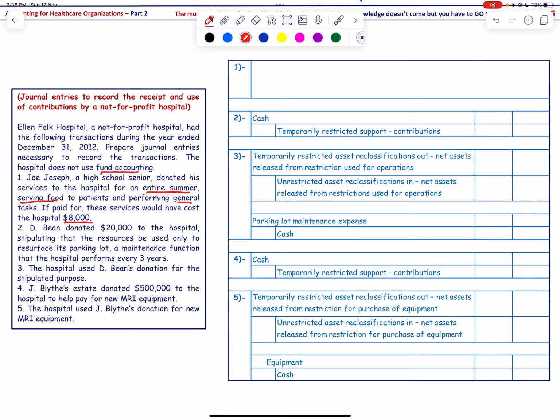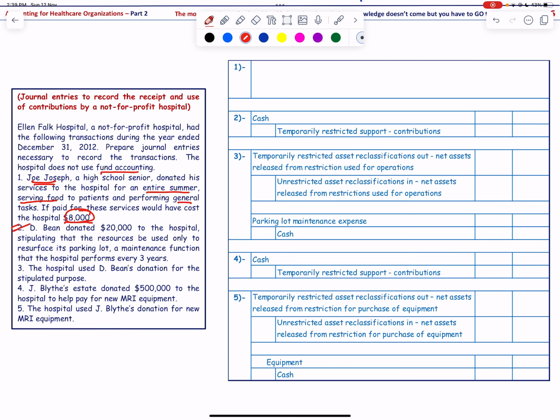Since they do not require any specialized skills, we are not going to report them in the financial statement, even if the hospital would have paid the $8,000 had Joe not provided these services. So we are not going to record them in our financial statements. Let us go to the second transaction.